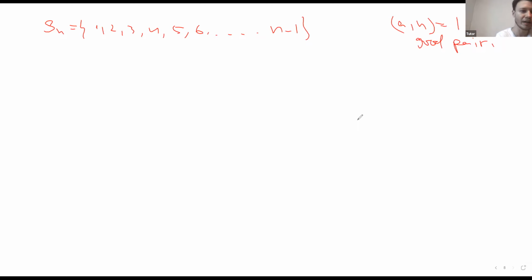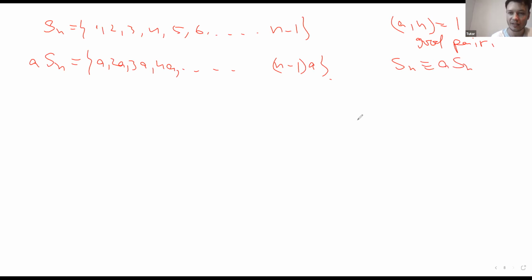If they're a good pair, I can also look at the set ASn, which is A, 2A, 3A, 4A, all the way until n minus 1 times A. And then what do I know? I know that if they're a good pair, then the set Sn is going to be congruent with the set ASn. So if you have a good pair, you can always get this.